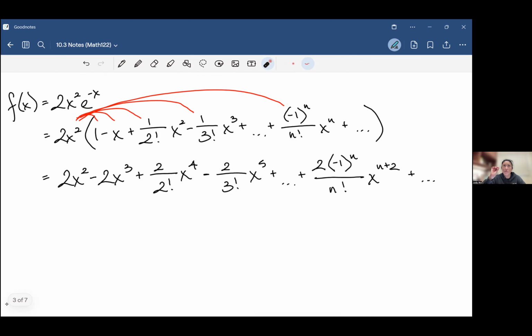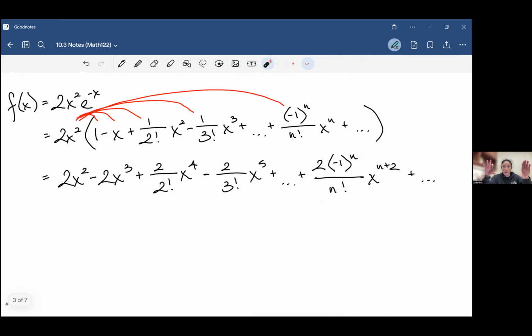You almost want to simplify just enough so that you can still write your pattern with n. Okay, so if I take 2 divided by 2 factorial and I turn that into a decimal, and then I take 2 divided by 3 factorial and turn that into a decimal, writing this term is going to be a lot harder. Okay, so usually if it's in a fraction form, keep it like a fraction.